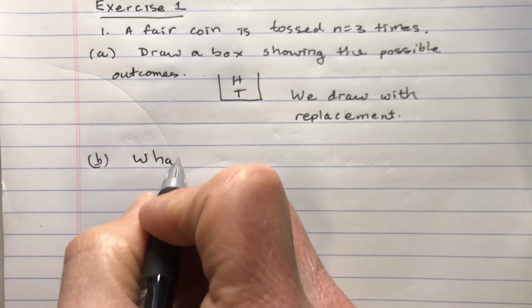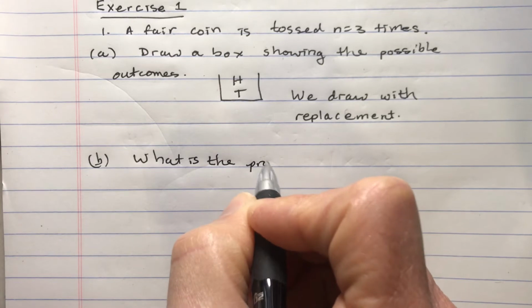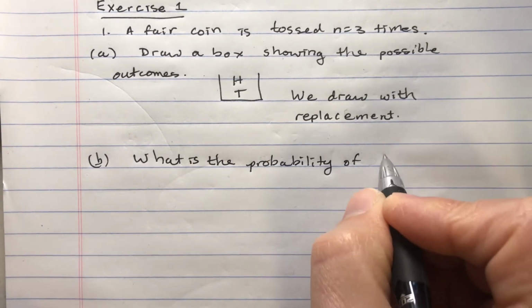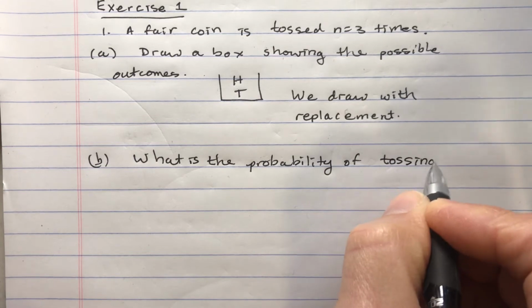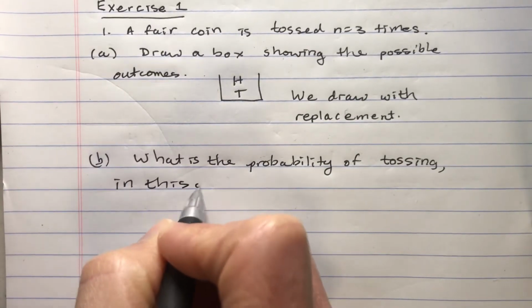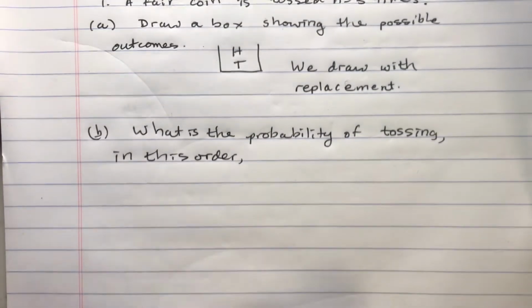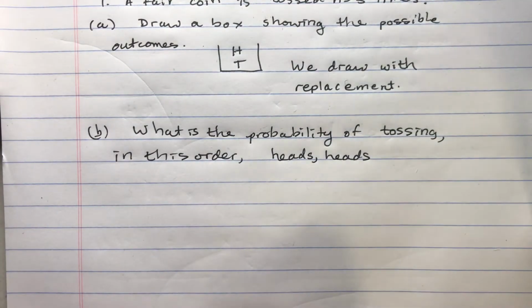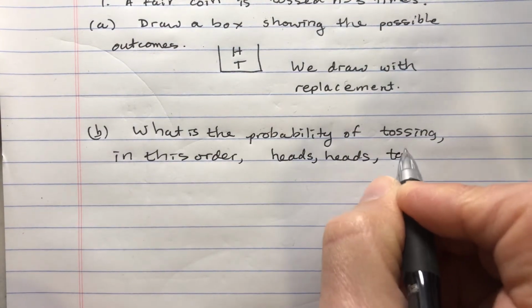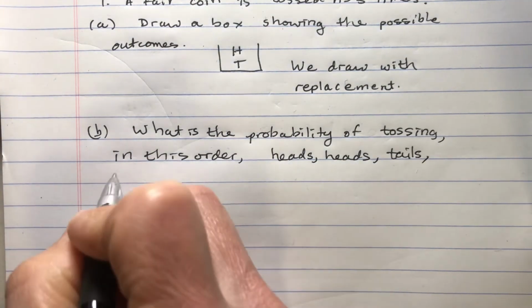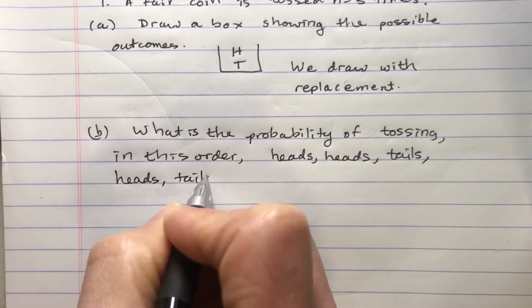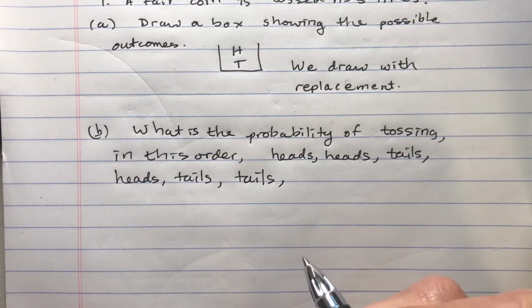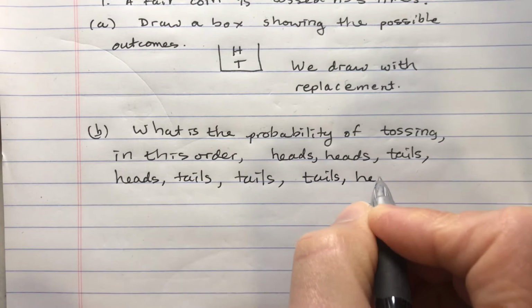B, what is the probability of tossing in this order heads, heads, tails, heads, tails, tails, tails, heads.